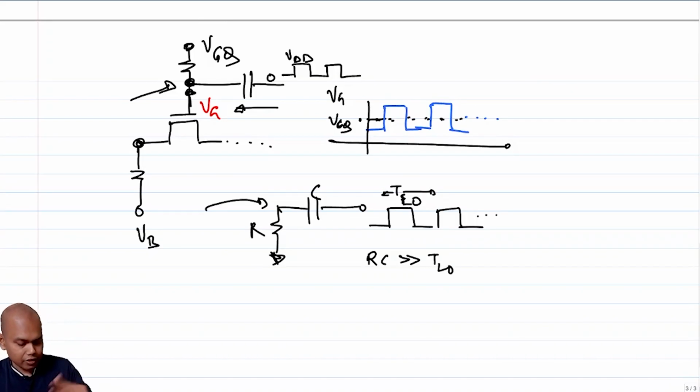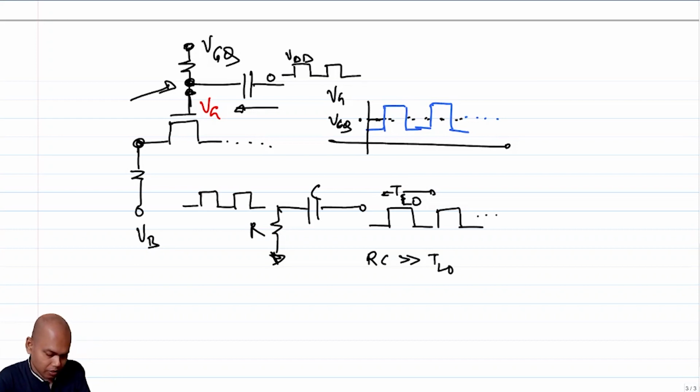So clearly, if RC is much greater than TLO at steady state, you can assume the capacitor to be almost behaving like a short circuit for the frequency of interest, which means the waveform will retain its shape on either side of the capacitor, right? That much we can definitely say, right? So this side will also be this, right? Let's say this is going from V1 to V2, right?